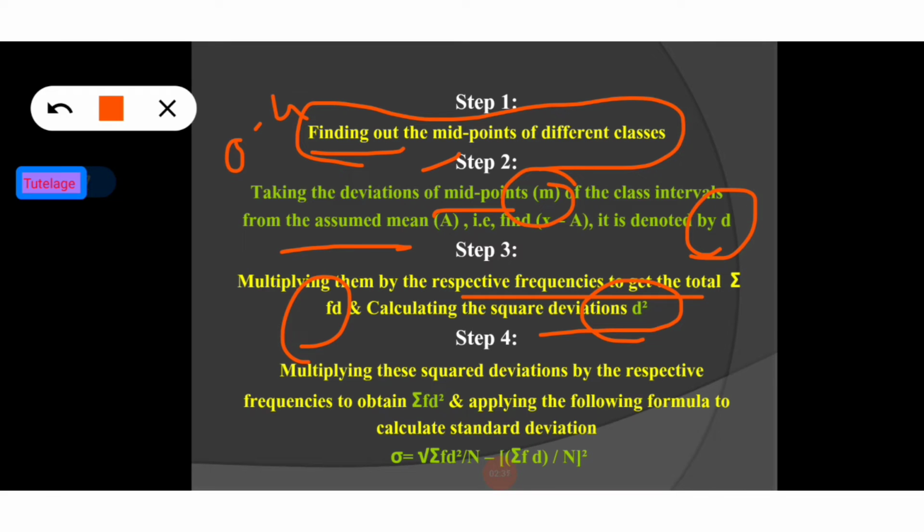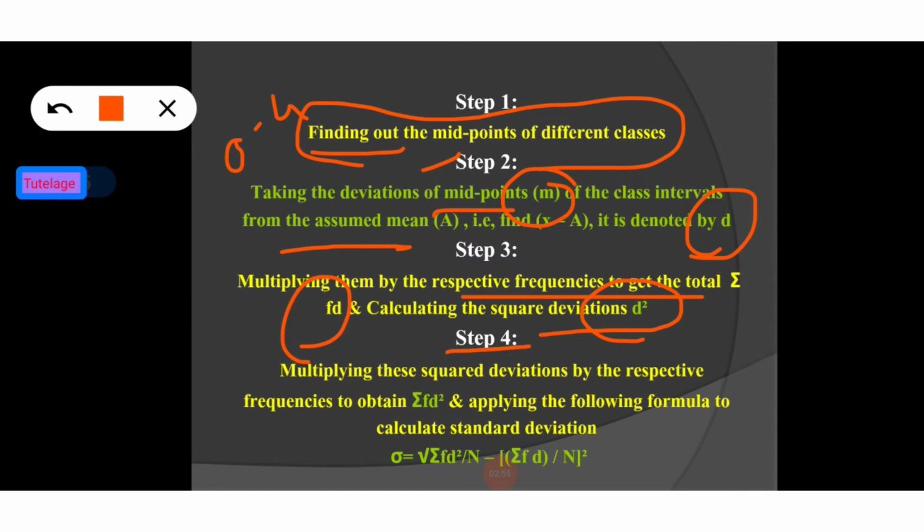So at first f into d, now adding all the values of fd to get the summation fd value, and after that we calculate the value of square deviation, that means d square.